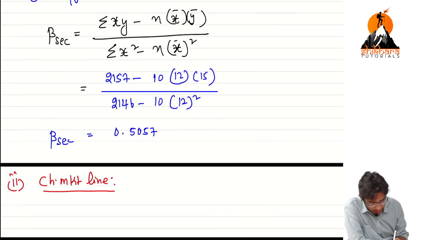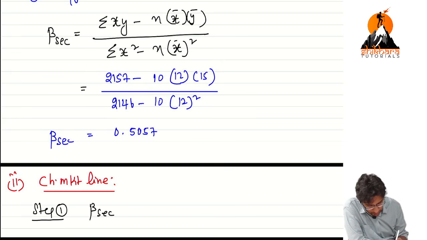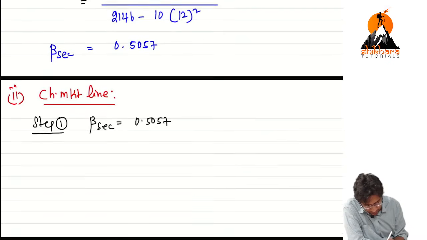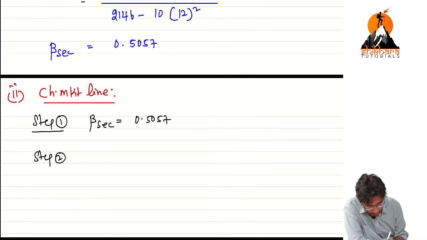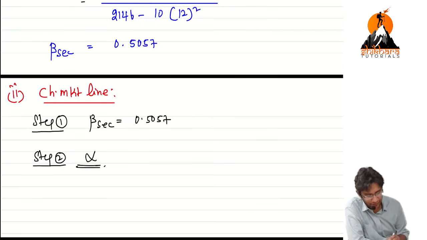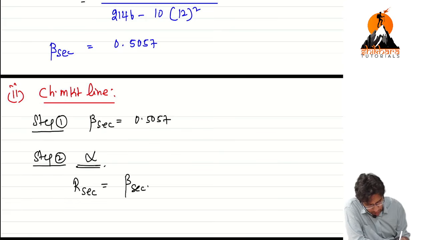Your thought process should be like step 1, step 2, step 3. Step number 1, beta of security is equal to 0.5057. Step number 2, computing alpha. How to compute alpha? First the equation you write, which is y is equal to mx plus c. Return of security is equal to beta security into Rm plus alpha.